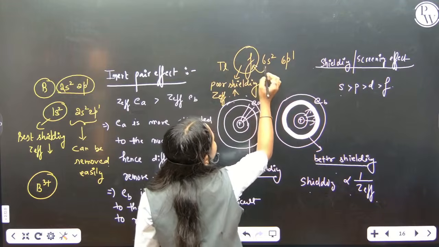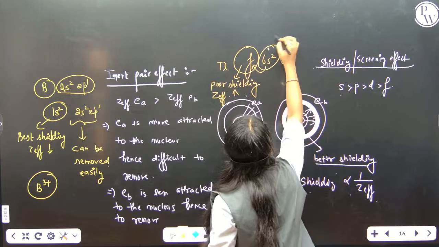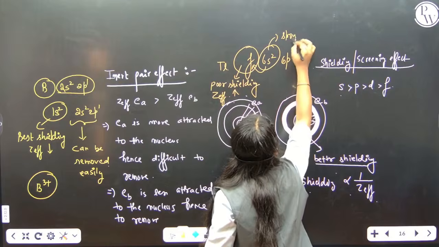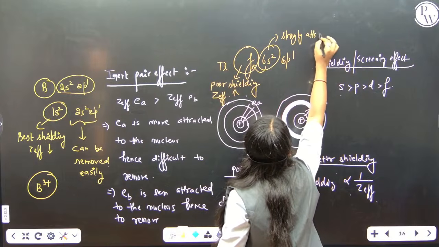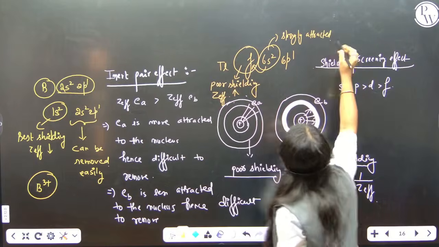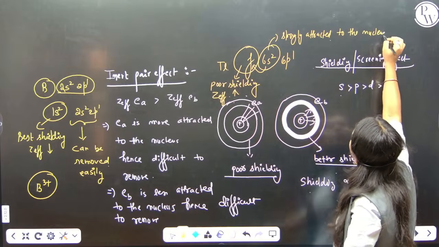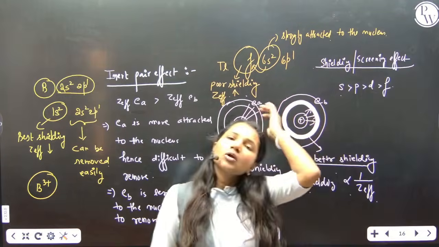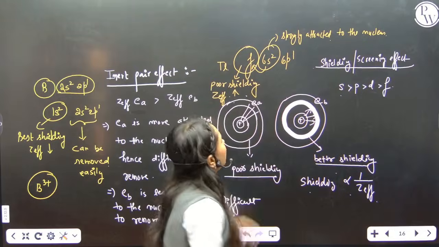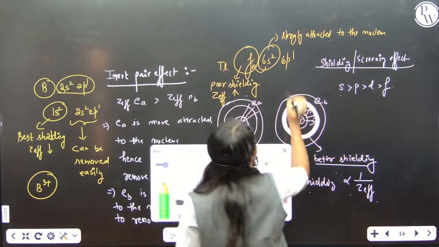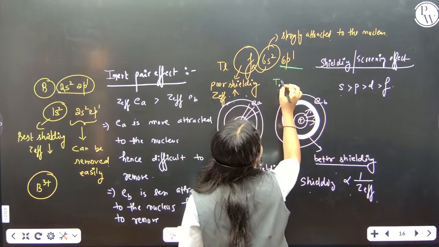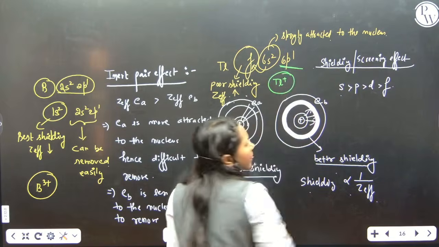These s2 electrons are strongly attracted to the nucleus, and they will be tough to remove. Hence only the p electron is removed. So thallium will only show +1, right?